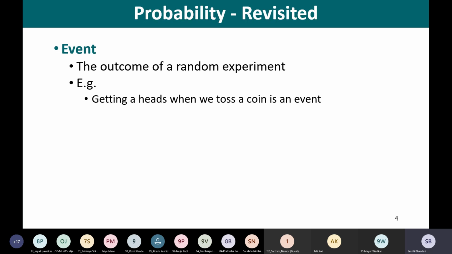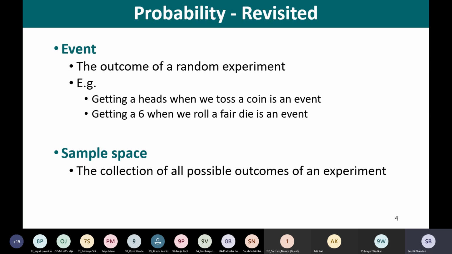For example, getting heads when we toss a coin is an event. Getting a 6 when we roll a fair die is also an event. So these are examples of events.